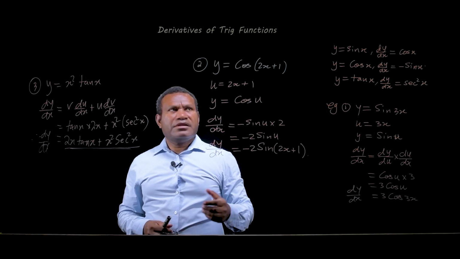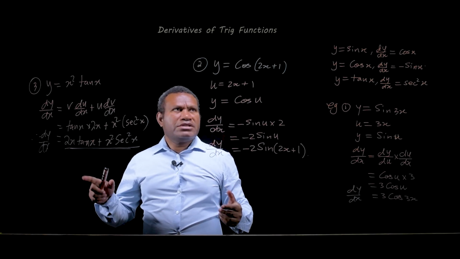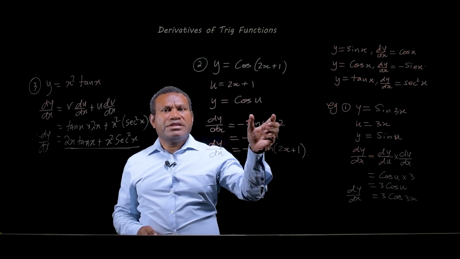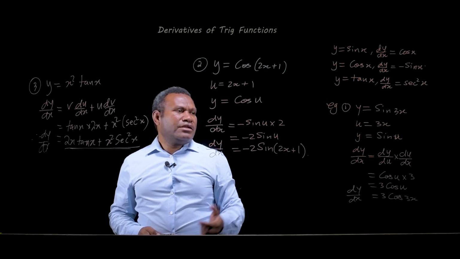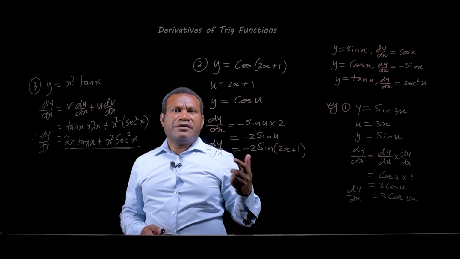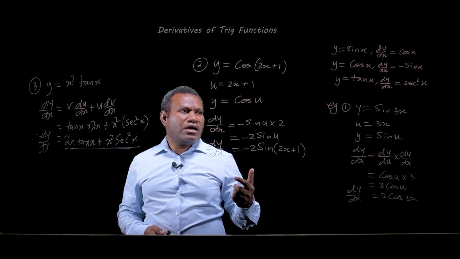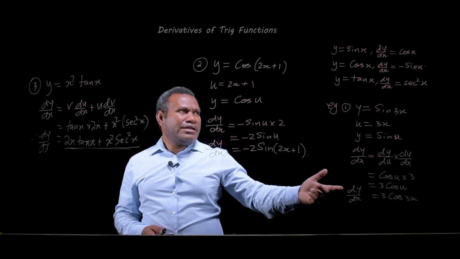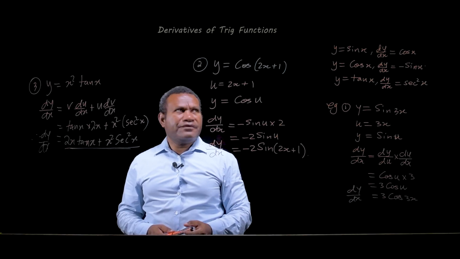So given a product, a quotient, or a function that contains another function, we can use the knowledge that we have gained from the previous lesson to find the derivative or the gradient function.